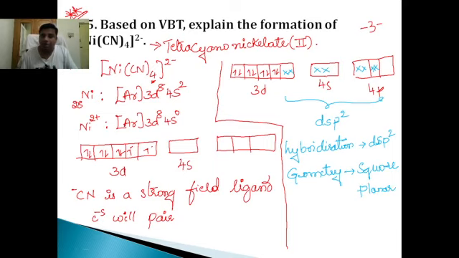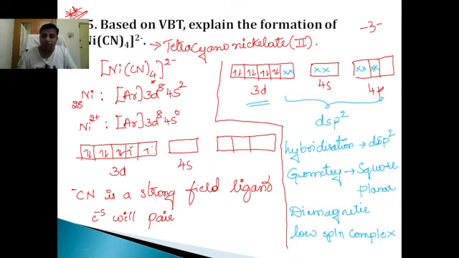Since there are no unpaired electrons, the molecule is diamagnetic, isn't it? The molecule is going to be diamagnetic. Since the inner d orbital is used for hybridization, it is a low spin complex.